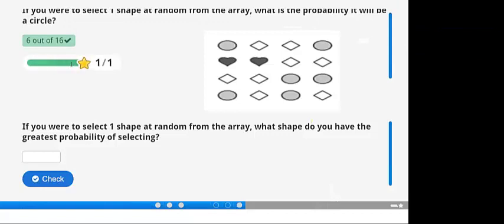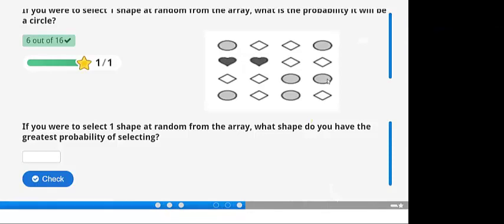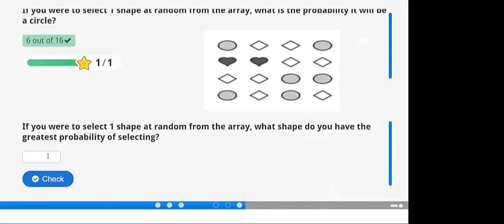Yeah. Okay. Next. Who can answer this? Is that Luke? Are you there, Luke? If you were to select one shape at random from the array, what shape do you have the greatest probability of selecting? Rhombus.